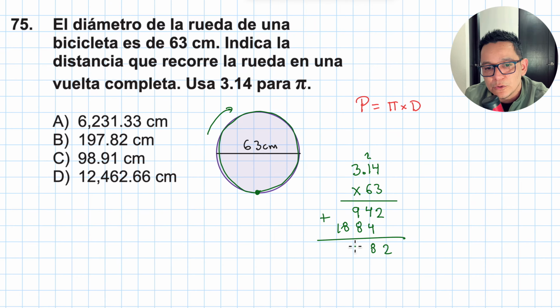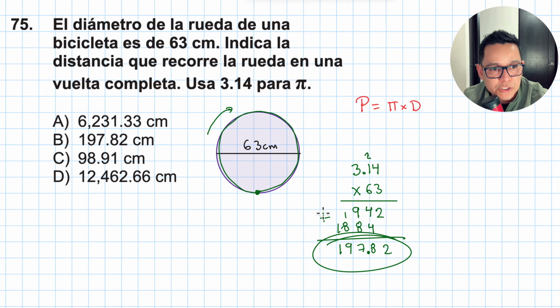Now we add them up, and we have 2 decimal places, so we put them back in. When we multiply pi by the diameter, we get 197.82. And where is that here? In option B. 197.82, done, we're finished. Simple, right?